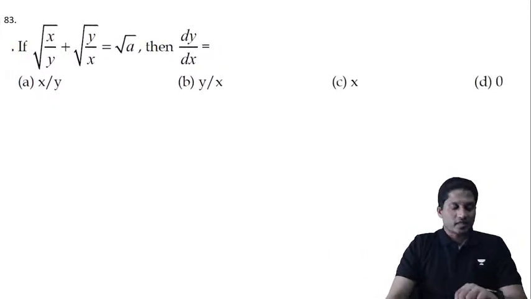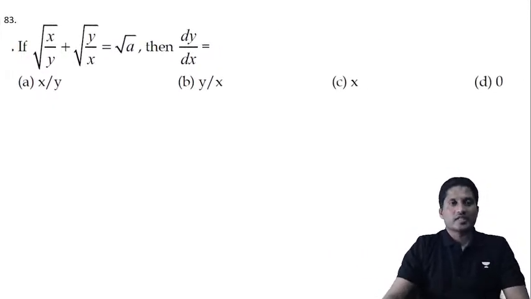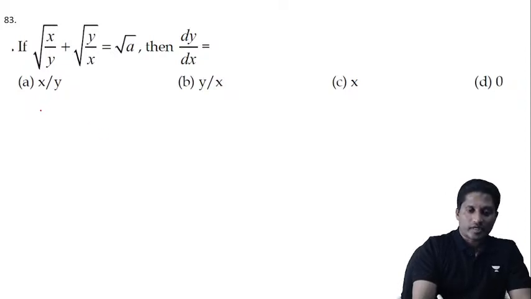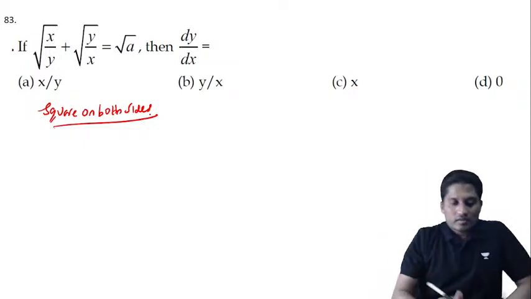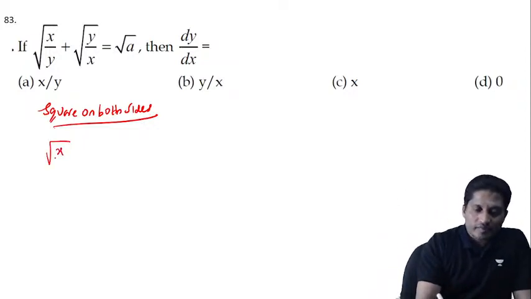Alright, question number 83. Don't differentiate directly. Alright, if I square on both sides, you will get (root of x by y plus root of y by x) the whole square.